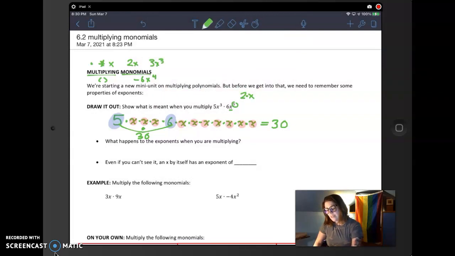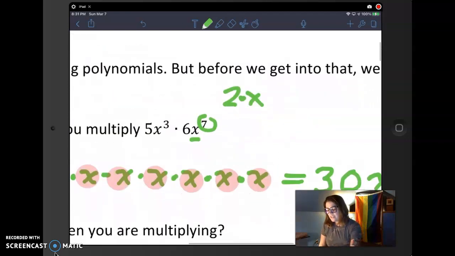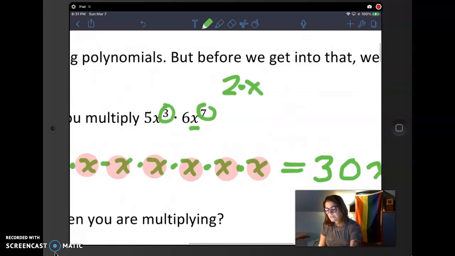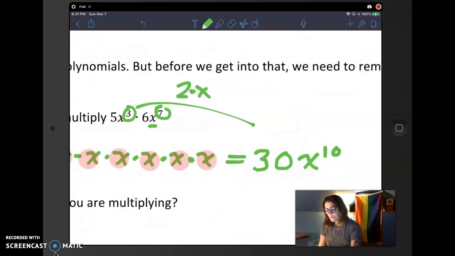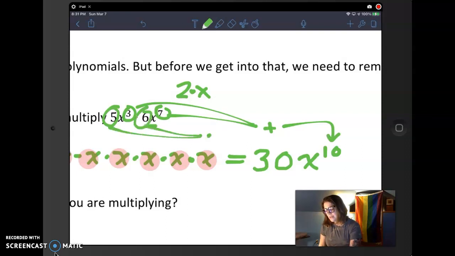So we're going to have x and then a little number 10. Instead of having to separate all the x's out and count them all up again, what we could have done is just add up the little numbers to give you the new little number, and multiply the big numbers to give you the big number. And that's what our song is going to be about.